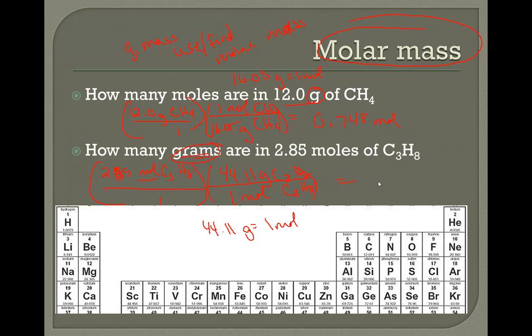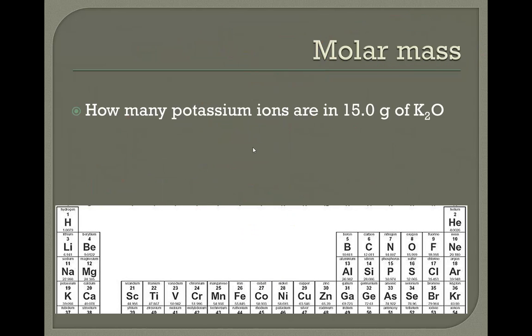125.7 grams. And finally, we want to know how many potassium ions. I see the word ions, so I immediately think, okay, I need to use Avogadro's number of K2O, which is a formula unit.